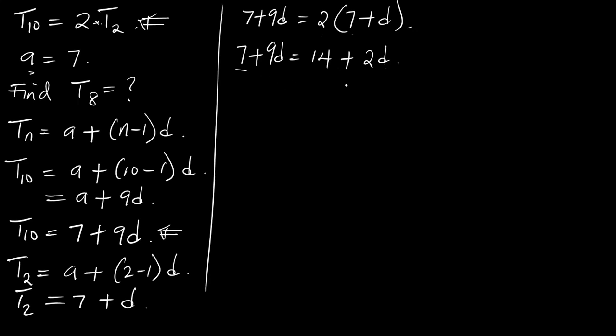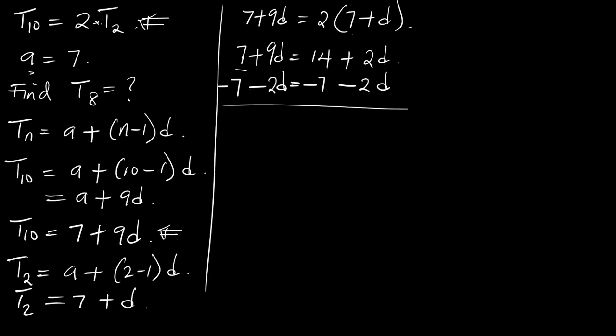I will minus 2d from both sides, since it's plus 2d. Then the next thing I do is, since 7 is here, I want to move it to this other side. I will minus 7 from both sides of the equation.